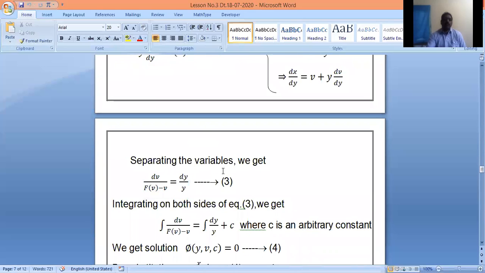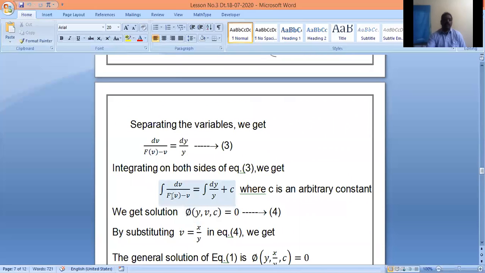Separating the variables, we get dv by f of v minus v is equal to dy by y. Let this equation be 3. Integrating on both sides of equation 3, we get integration dv by f of v minus v is equal to integration dy by y plus c, where c is an arbitrary constant.